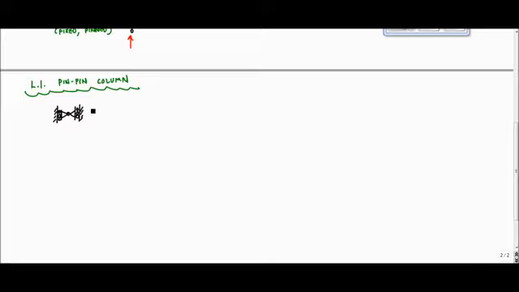That's one end of my column, and then I have my column that goes down like this right here, and it's pinned right here like that. It has a length L like this. It has some load P that's applied.